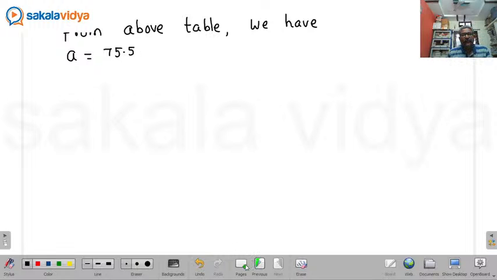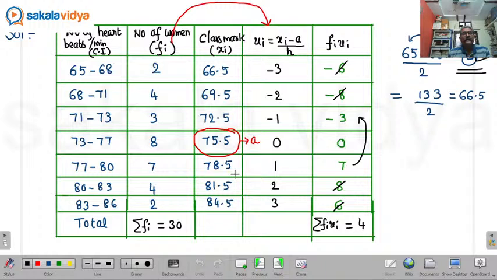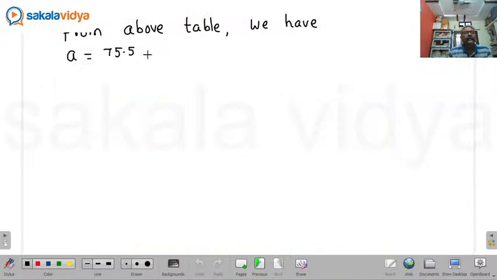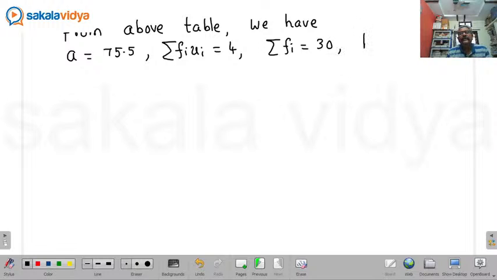Check in the previous page, 75.5. Sigma fi ui is equal to 4. Sigma fi is 30, the total frequency, and h is equal to 2.